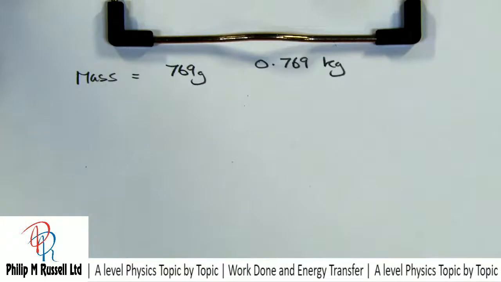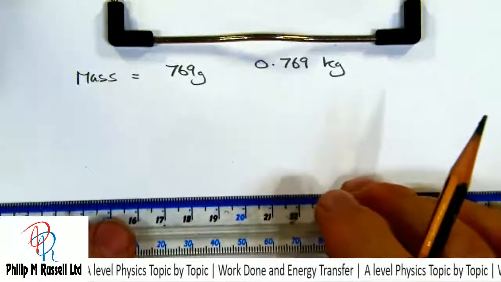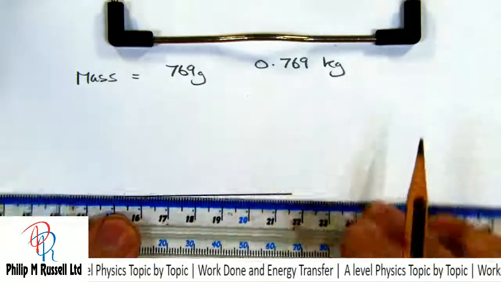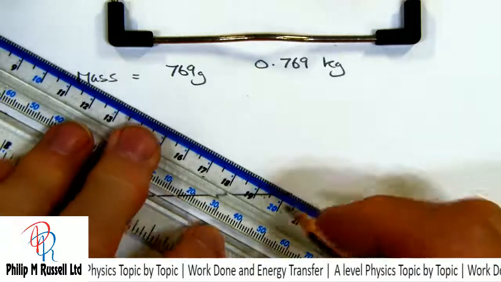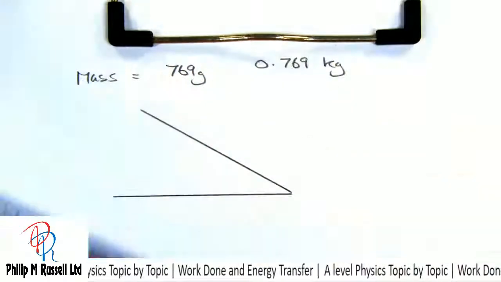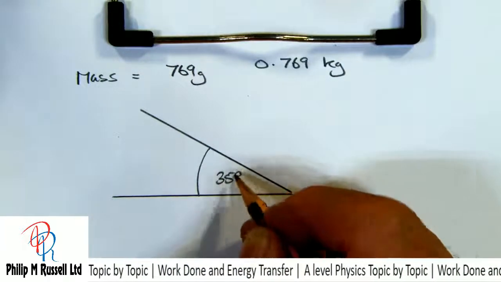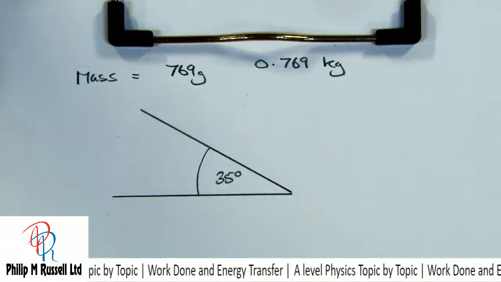We know it's being pulled up a slope, and this slope we've measured carefully to be 35 degrees.